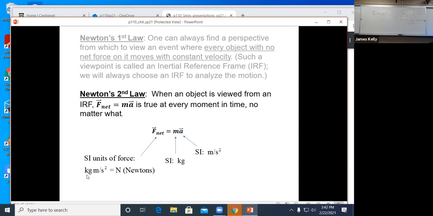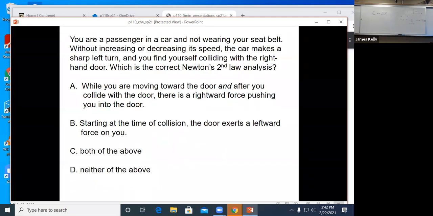That gets used so often that there's a shorthand. The newton, denoted by N, is just shorthand for kilogram meters per second squared. So we'll be measuring forces most often in newtons, although the English unit is pounds. People are familiar with pounds of force, perhaps. That's telling you how heavy something is. That's the gravitational force.